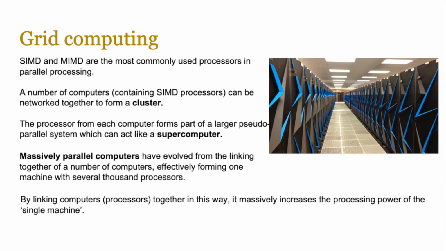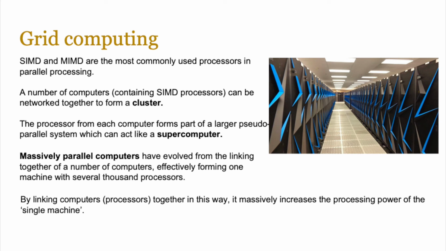Now, do remember, supercomputers are specific machines that will have multiple processors inside them. We're not talking about that. We're talking about creating a pseudo-parallel computer using a grid-type system. So your PC could be connected to another person's Mac, which could be connected to another person's PC, and it forms a grid, and the task is subdivided. So different parts can be given to each individual computer to speed up processing.